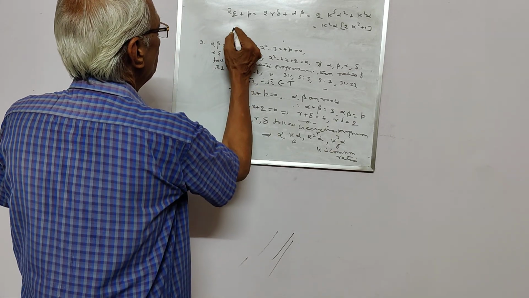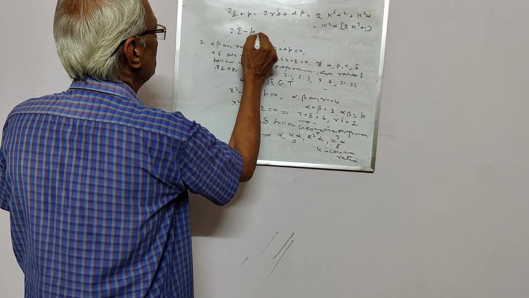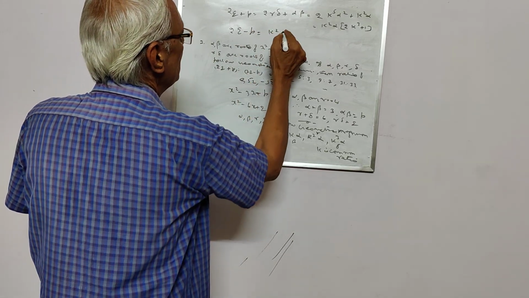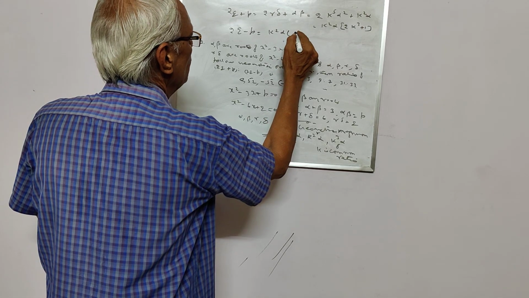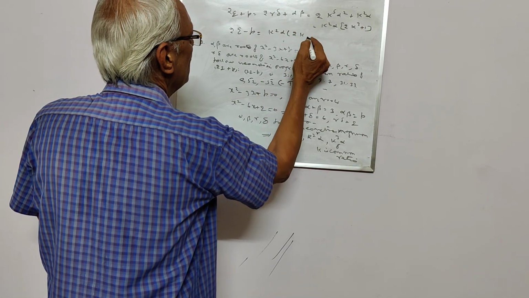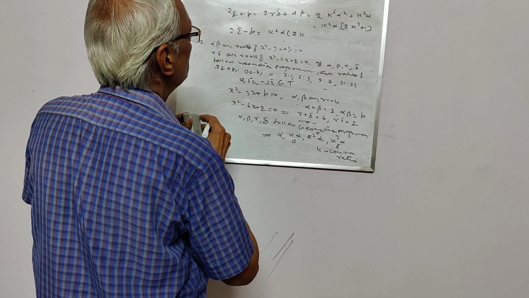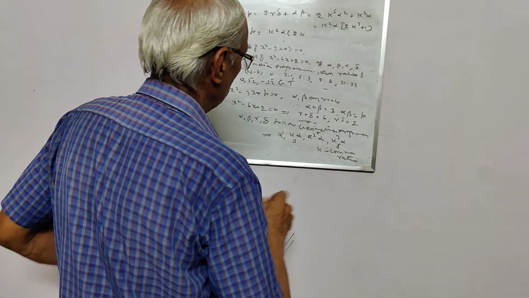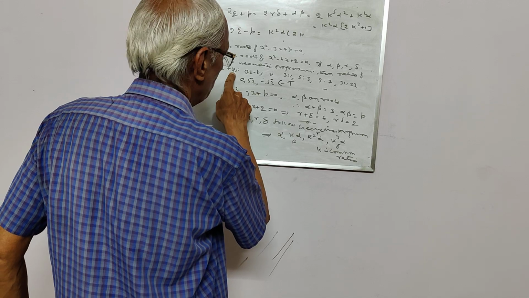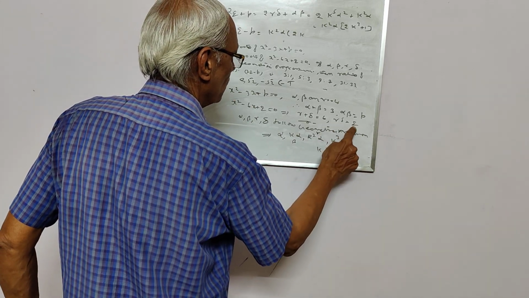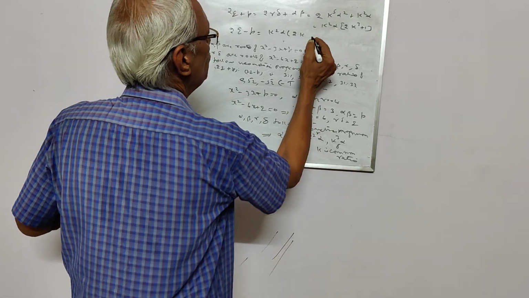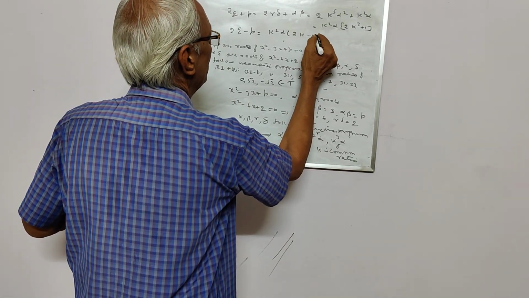Now what is your 2q minus p? Your 2q minus p will be equal to k squared alpha into 2k cubed minus 1.